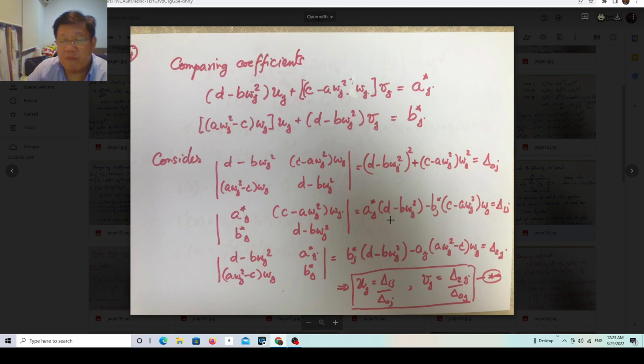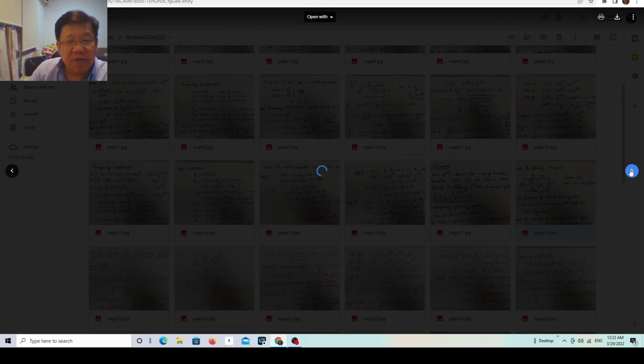Actually, we use a similar technique that we taught you before, which is just a comparison of coefficients from both the left hand side and the right hand side.